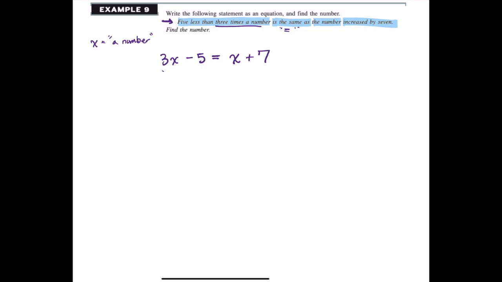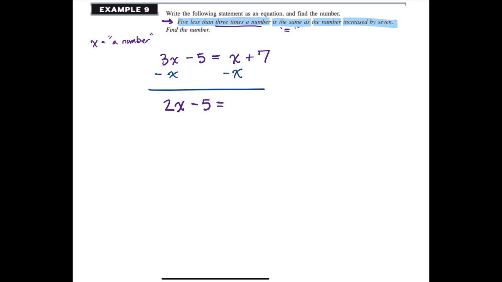It's kind of an odd practice, but when you work on word problems, this is an important step, translating the word problem into some equation that we can then solve. So let's solve it. We have x's on both sides. Let's move this x over by subtracting from both sides. 3x minus 1x is 2x. We'll have this minus 5.